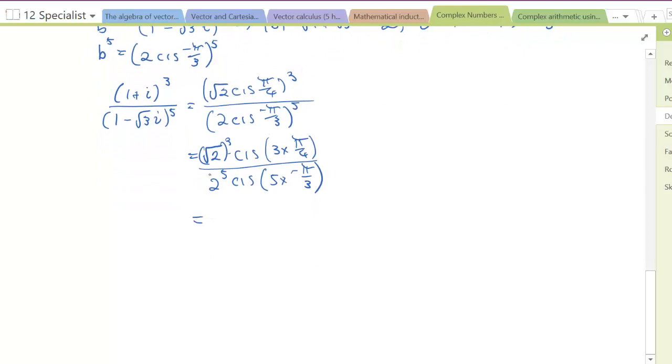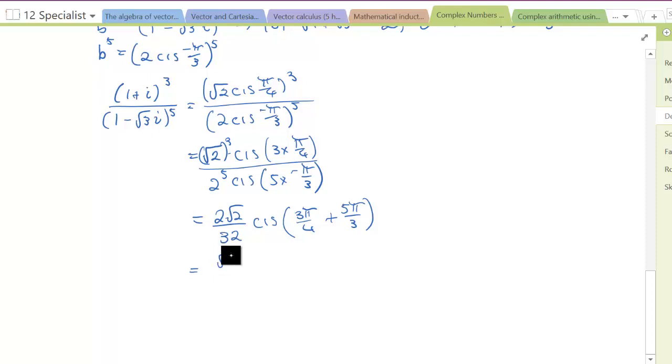So when we split this up, we end up with 2 root 2 over 2 to the power of 5, which is 32. And we have cis 3 pi on 4 subtract a negative, which makes it plus 5 pi on 3.